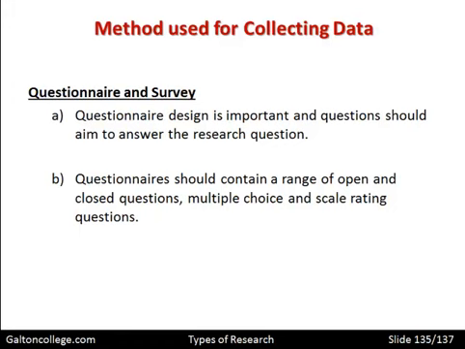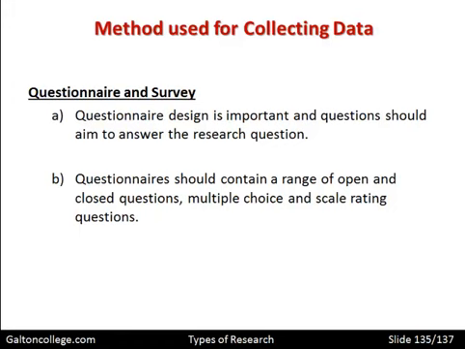Scale rating questions are the ones I mentioned earlier when it comes to attitudinal questions, where perhaps the researcher is trying to pick up the attitude of the respondent, their opinions, their attitudes or their feelings about certain situations. They may use scales and say, on a scale of 1 to 7 or 1 to 5, how would you rate the following? On a scale of 1 to 7, how would you rate this one as well?